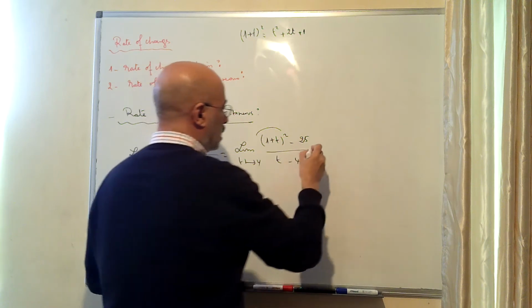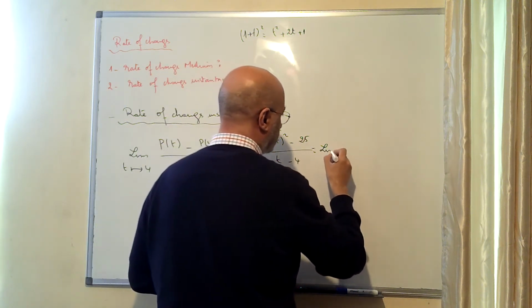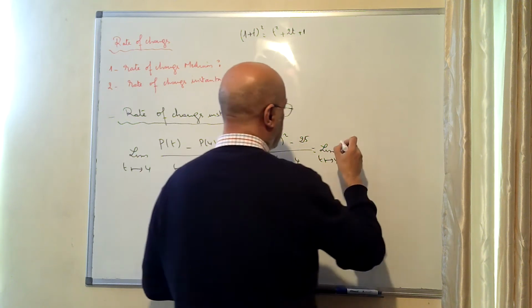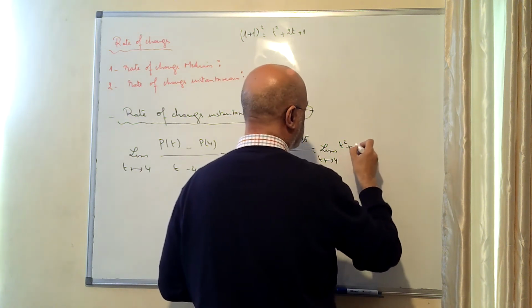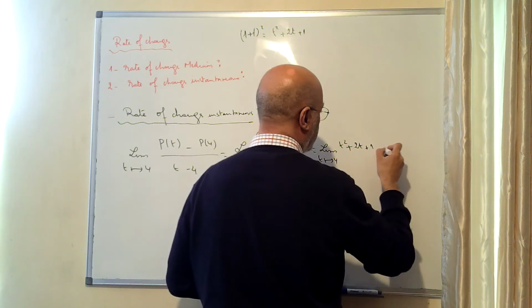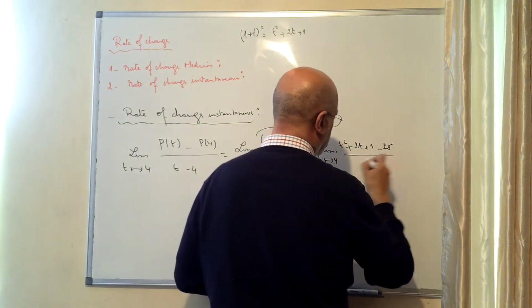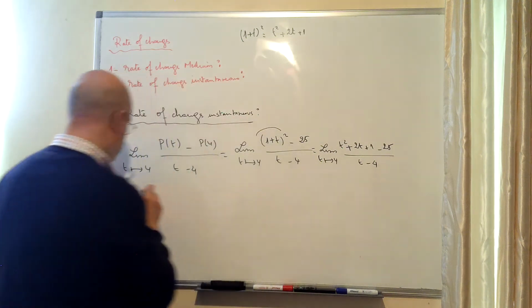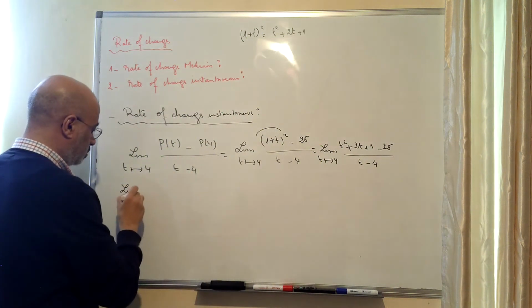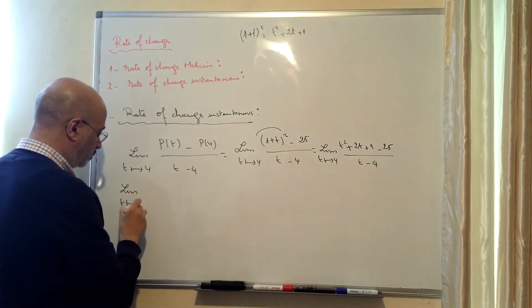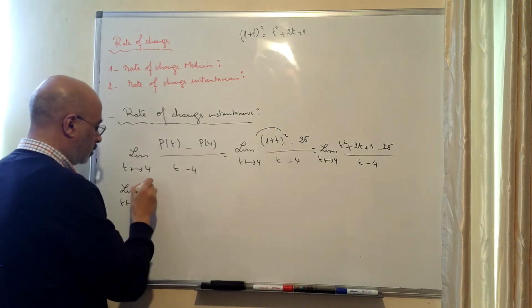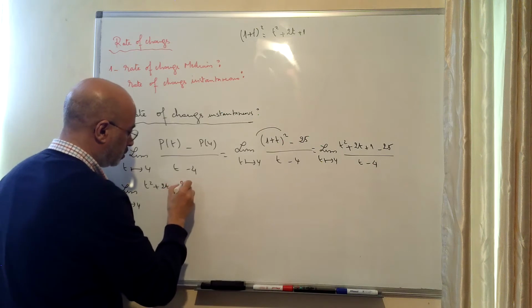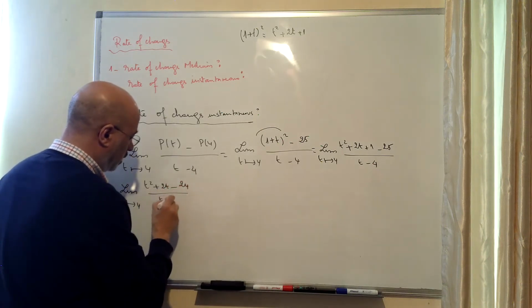Okay, it's a limit when t tends to 4 of (t squared plus 2t plus 1 minus 25) over (t minus 4). It's the limit when t tends to 4 of (t squared plus 2t minus 24) over (t minus 4).